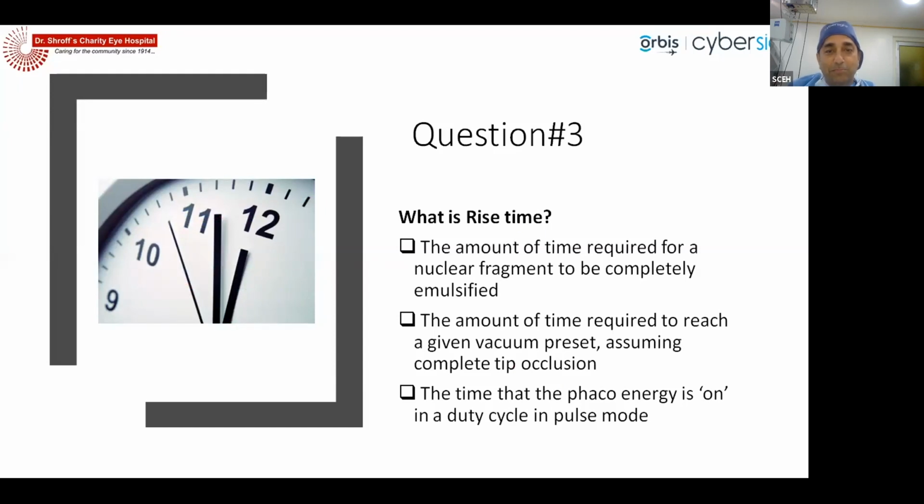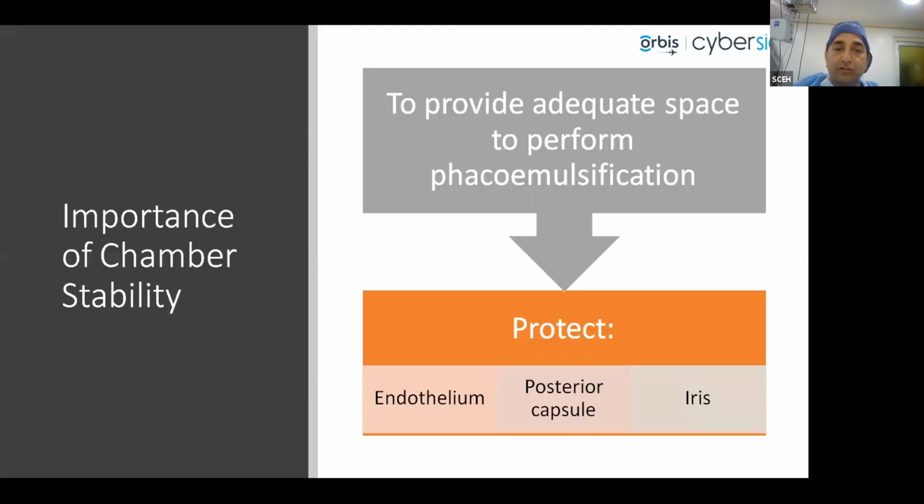So 91% overwhelmingly feel it is the amount of time required to reach a given preset vacuum, assuming complete tip occlusion. Very well. So we will be discussing these concepts in this presentation.